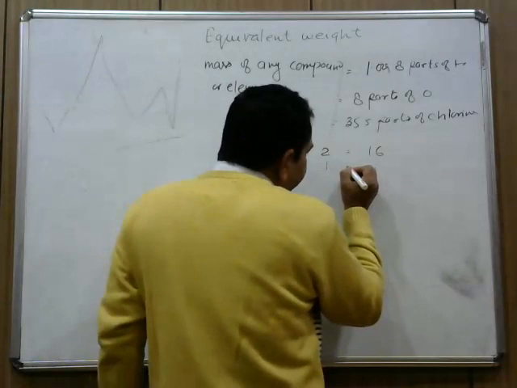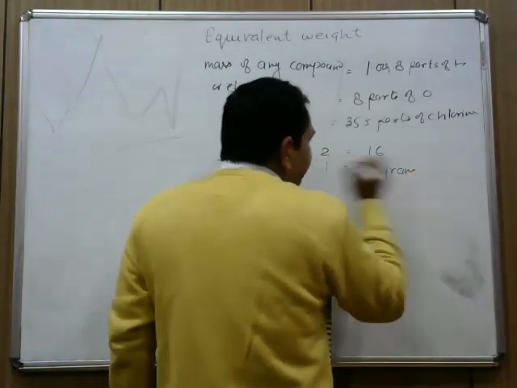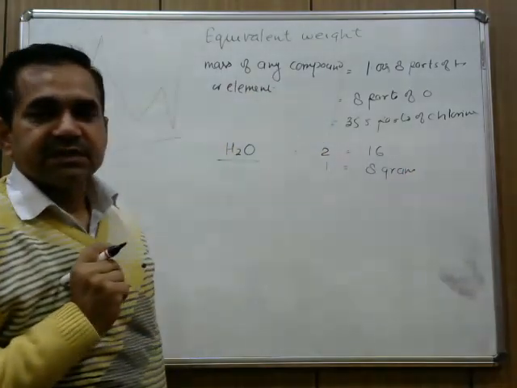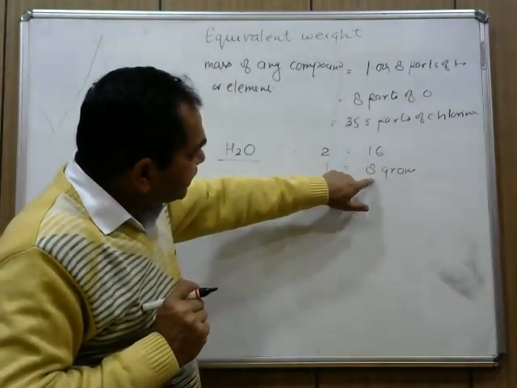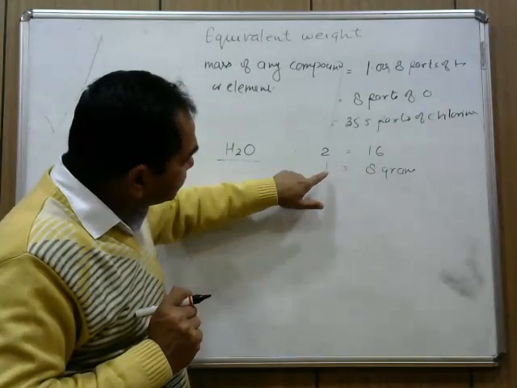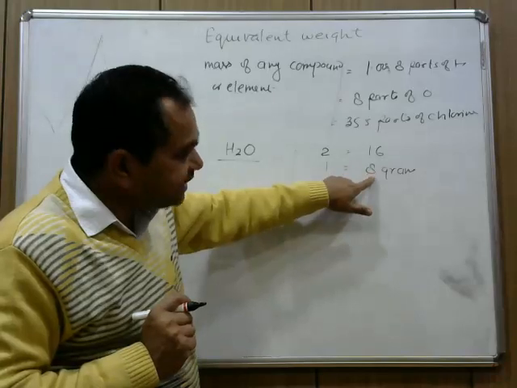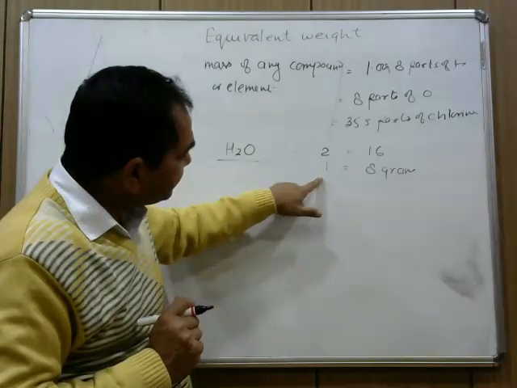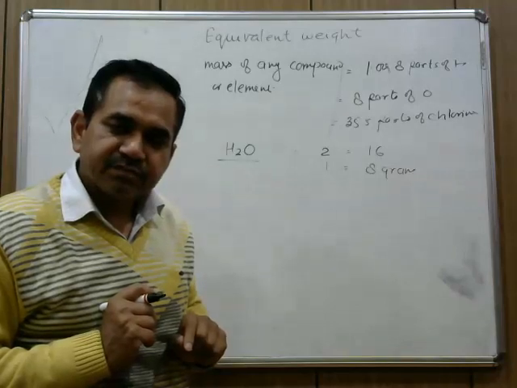So 1 gram of hydrogen reacts with 8 grams. So 8 grams of oxygen is equivalent to 1 gram of hydrogen. So the equivalent weight of oxygen is 8 and the equivalent weight of hydrogen is 1.